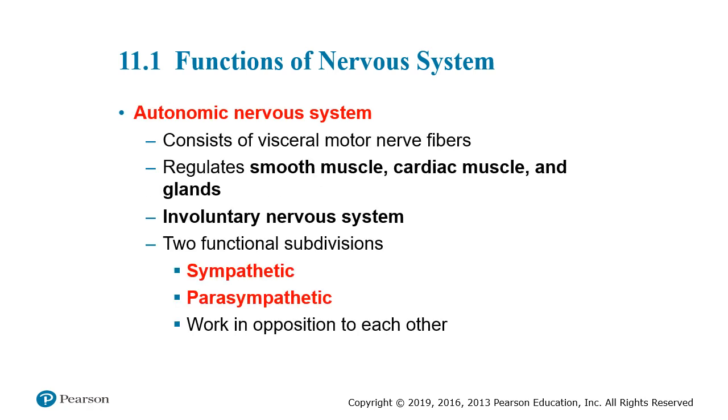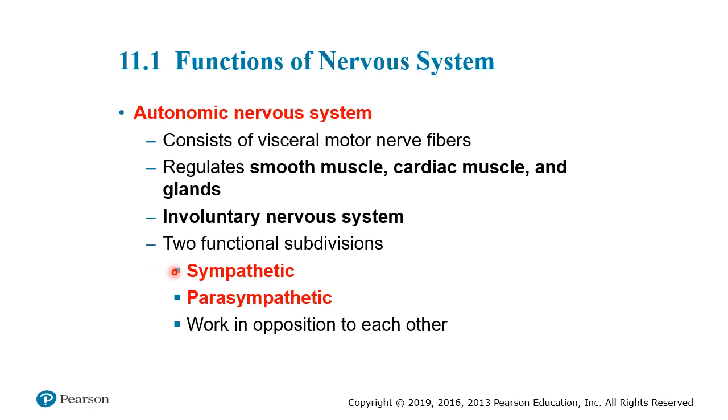Now your autonomic nervous system, it gets more complicated, right? This has to do with nerves that are coming from the CNS and going to target areas, right? And those are going to regulate smooth muscle, cardiac muscle, and also glands, okay? So this is all part of involuntary. You don't control those nerves, okay? And on top of that, these non-controlled nerves or neurons are subdivided into two major classes.